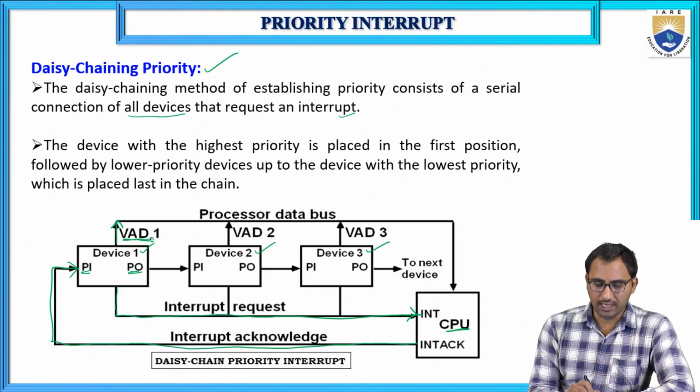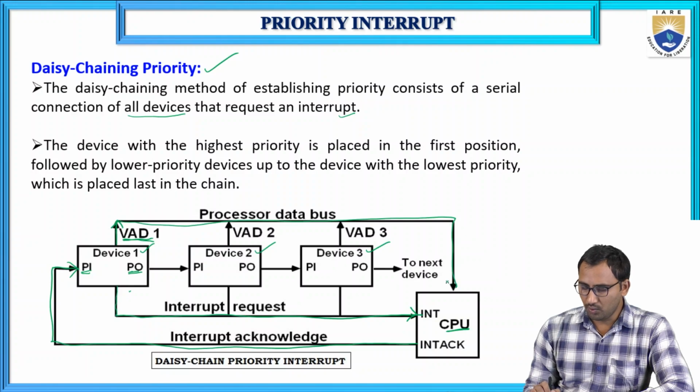That is called vectored address 1. This vectored address 1 will be given to the CPU in order to execute that ISR program. In this way, multiple interrupts from all the devices will be serviced by the CPU.